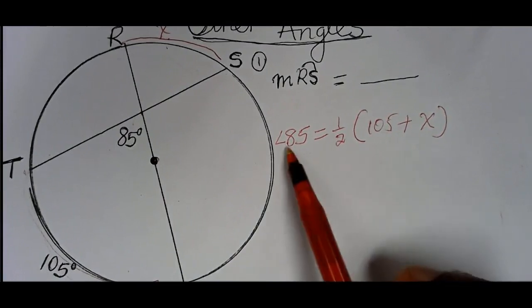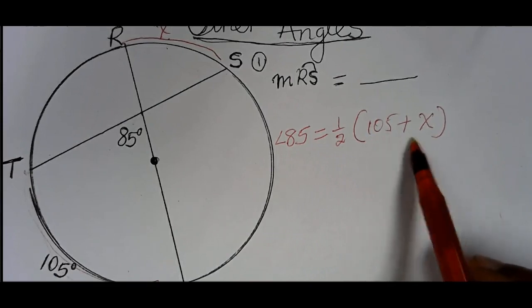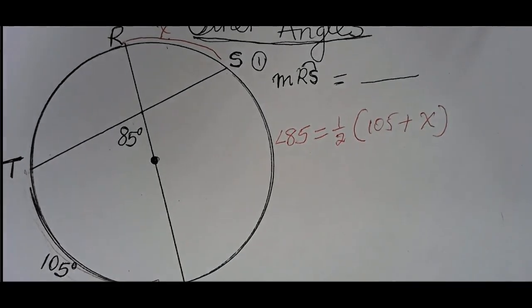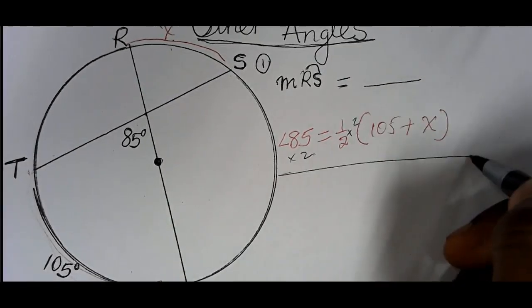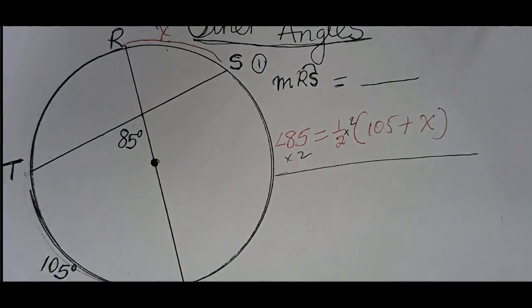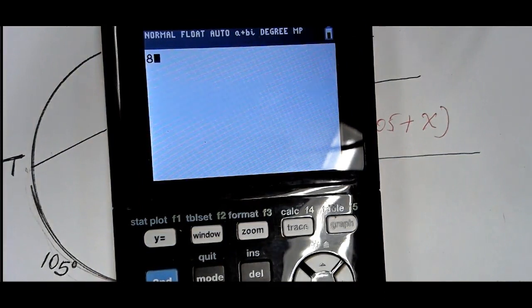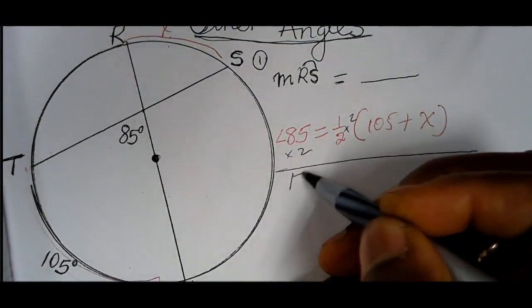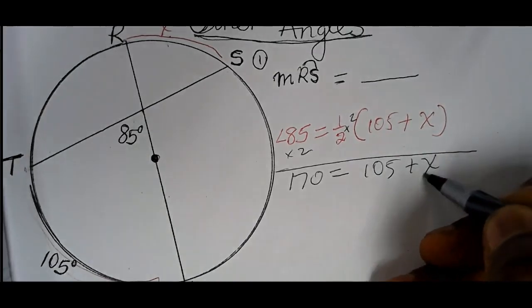So that's the statement: the angle is equal to 1/2 the sum of the 2 arcs. Now we do the algebra. We multiply both sides by 2. 85 times 2 is 170. So 170 is equal to 105 plus x.